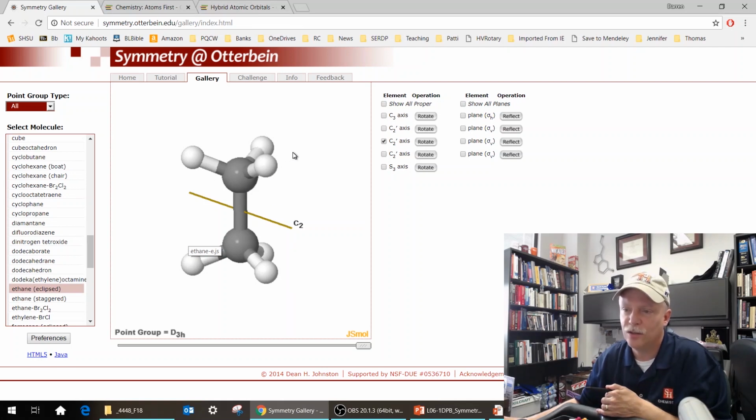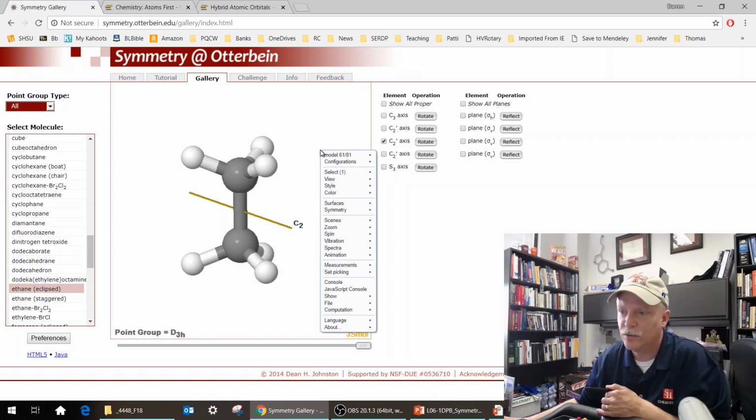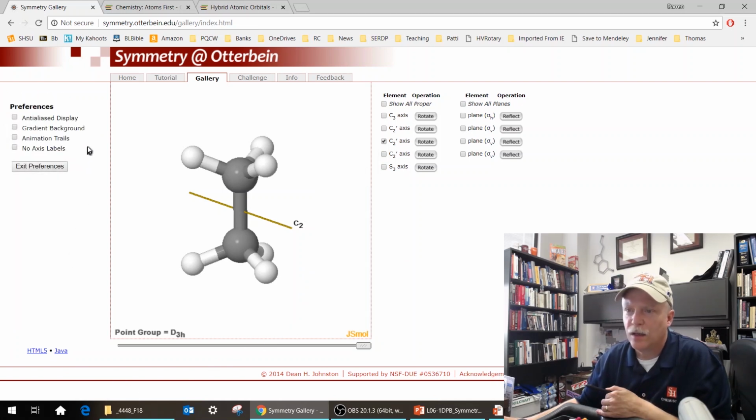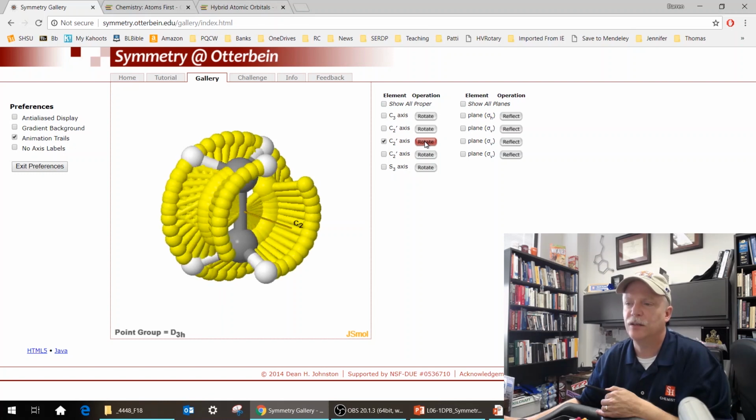So let's see if we can turn the atom labels on. I don't think so, but yeah, it doesn't look like we can. But we can turn on the animation trails, and sometimes this is helpful because if the animation trails are on, it shows you the atoms that are connected with each other.